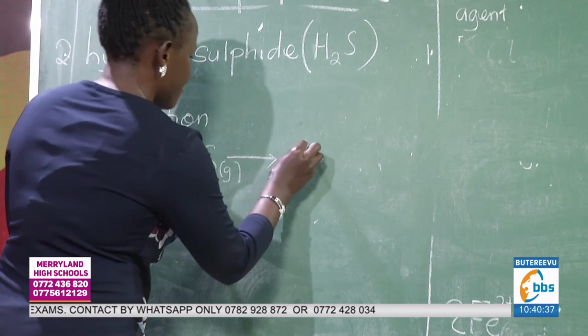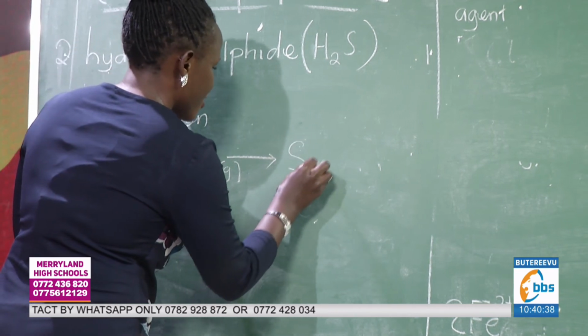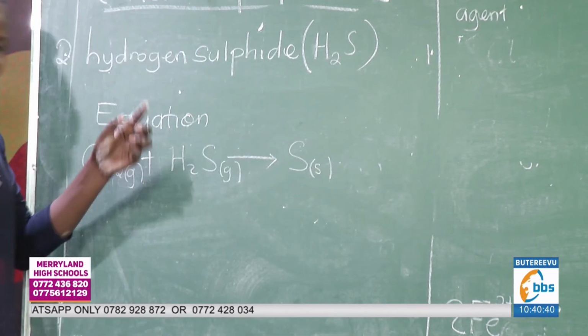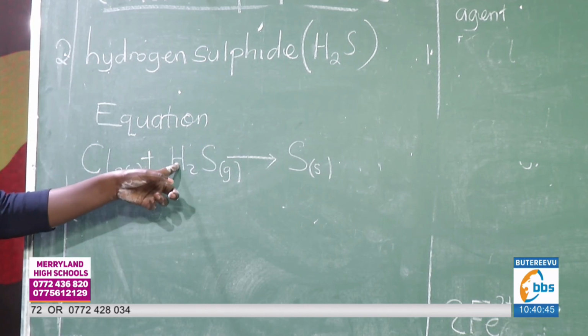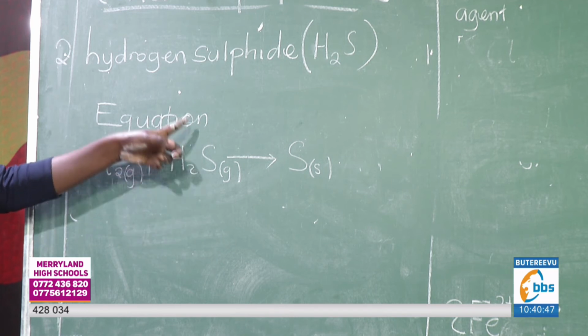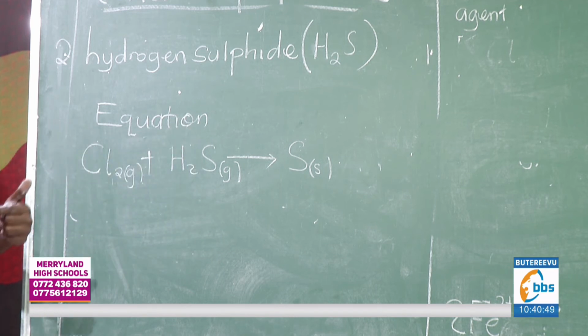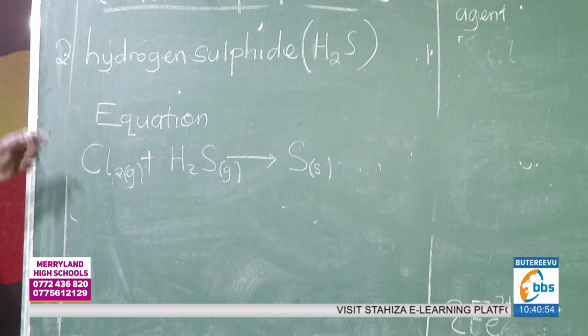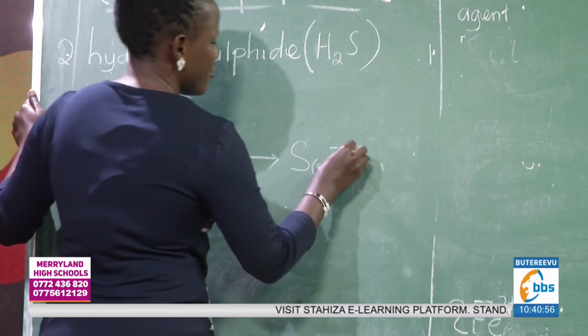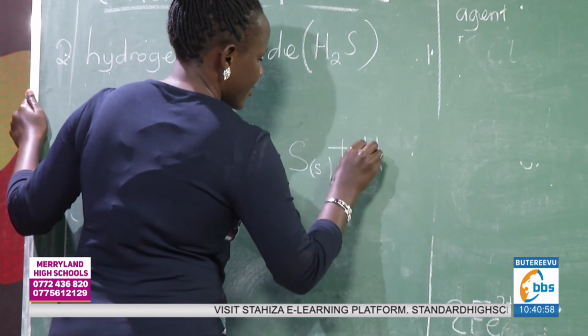Therefore, what are you left with? You're left with sulfur, because it has oxidized the hydrogen sulfide by removing the hydrogen. But itself will be reduced by combining with the hydrogen. So what do you form? You form HCl.